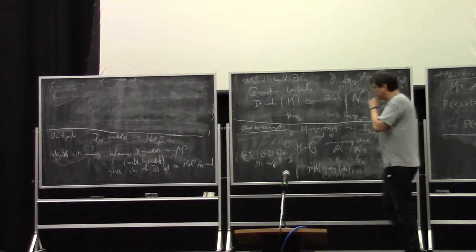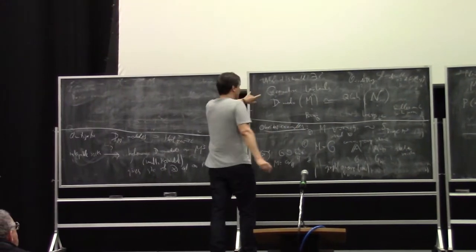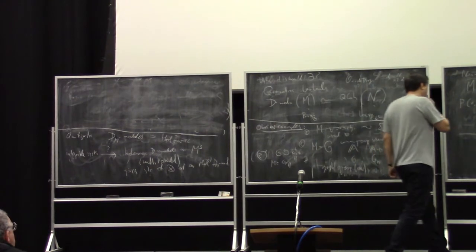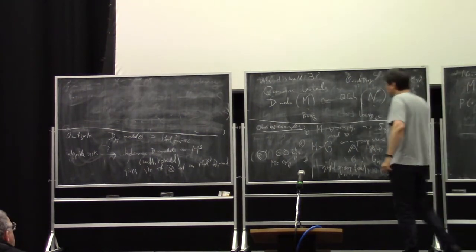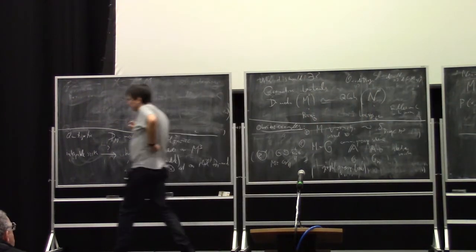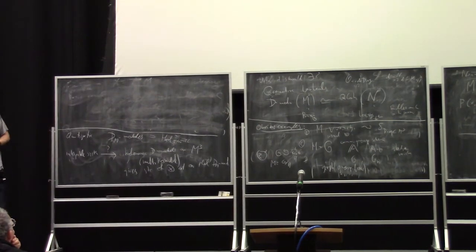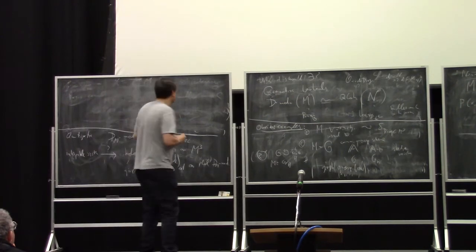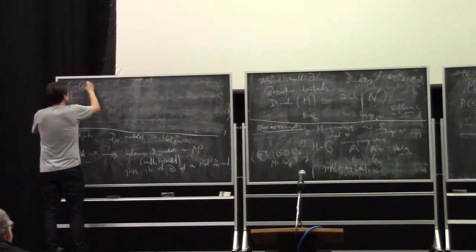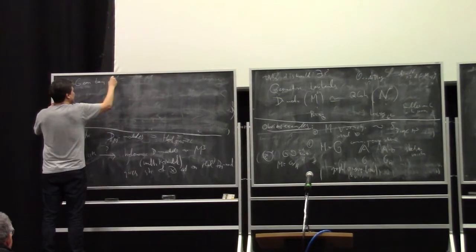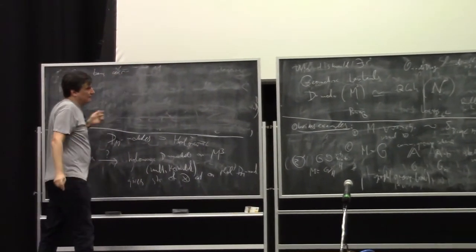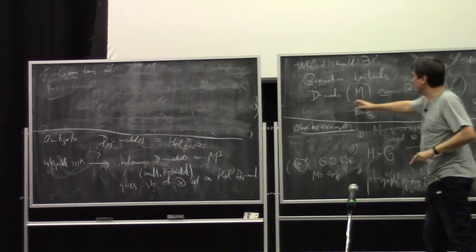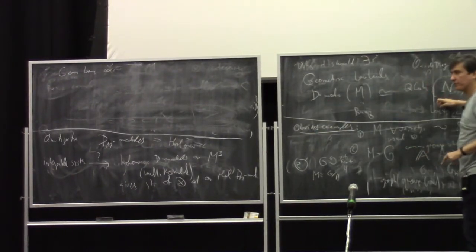So actually, what does this geometrically enhanced correspondence say? The correspondence also implies the following. Because we get this equivalence of categories, here you get a kind of exotic tensor product, and here the usual tensor product.